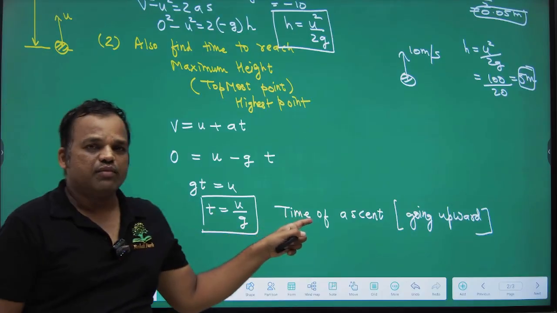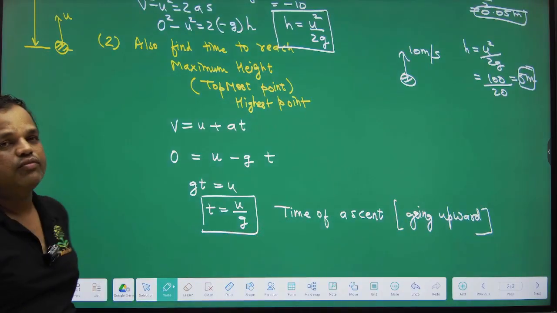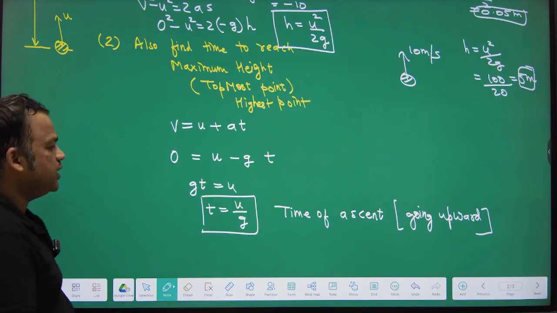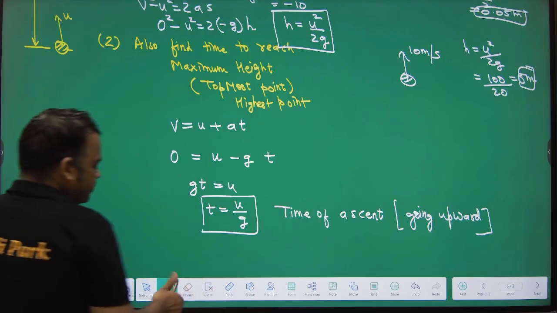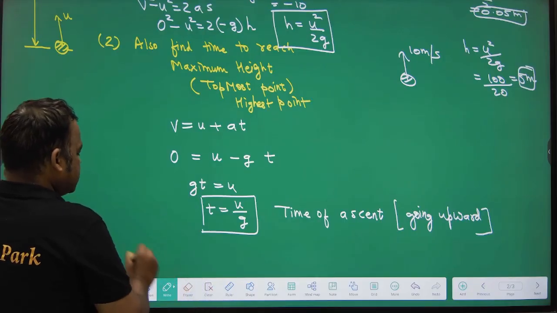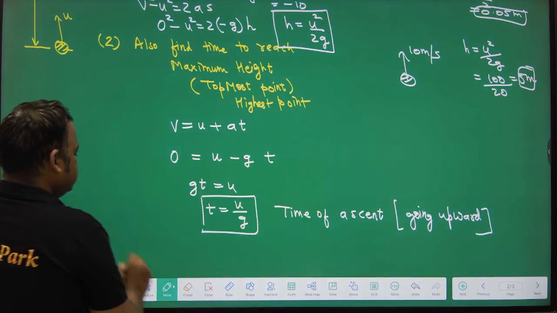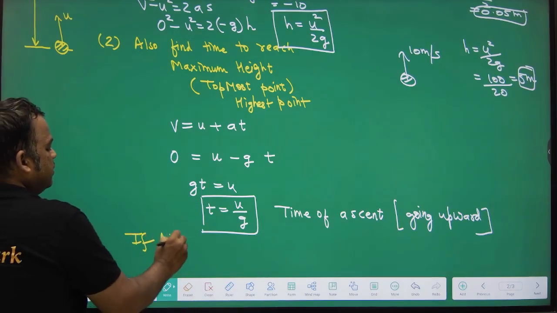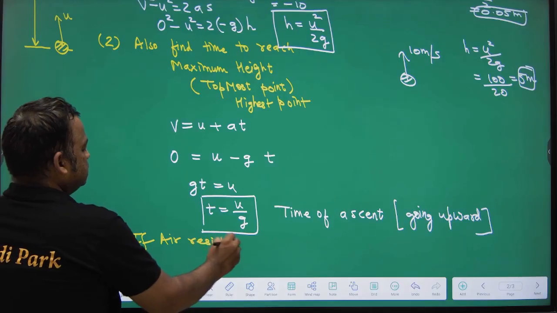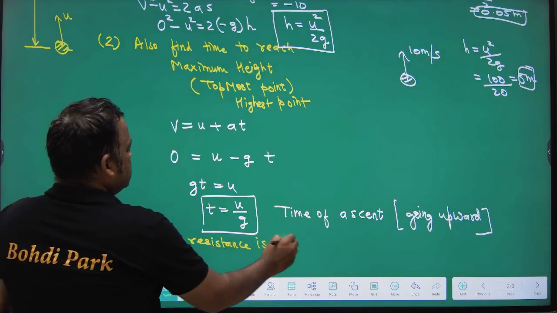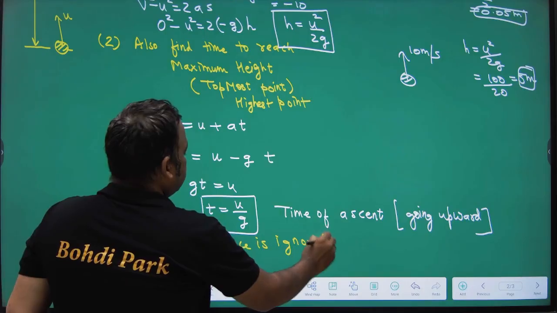So this is known as time of ascent. So what is the time of descent? Time of descent will be the same if air friction or air resistance is ignored or neglected.